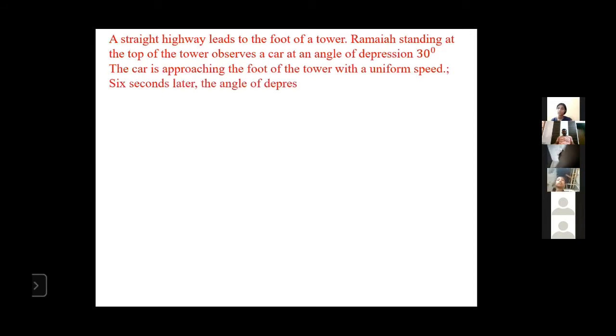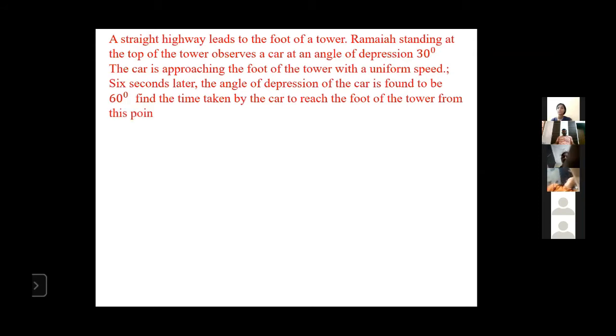The car is approaching the foot of the tower with a uniform speed. 6 seconds later, the angle of depression of the car is found to be 60 degrees. Now find the time taken by the car to reach the foot of the tower.